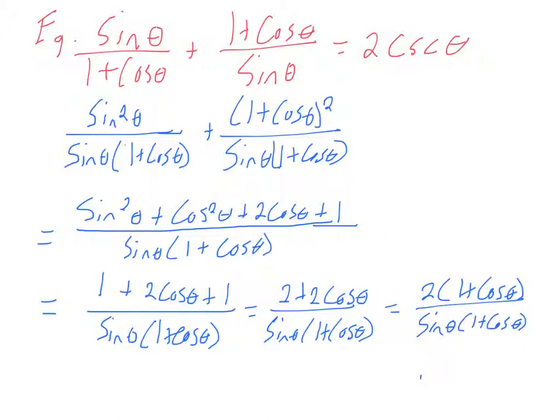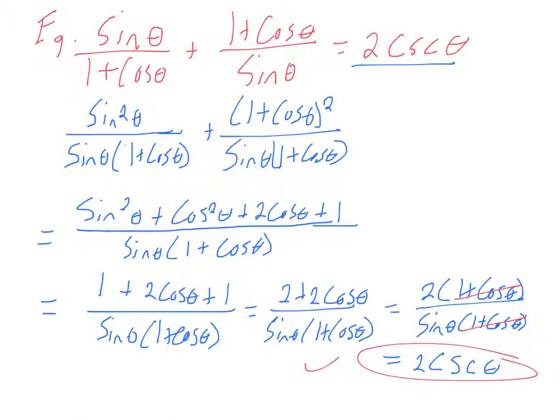And then, miraculously, the 1 plus cosine thetas cancel. And we're left with 2 over sine theta, which is the same as 2 cosecant theta. And so we have what we started with on the right side of the equation. And so we've verified the identity at this point.